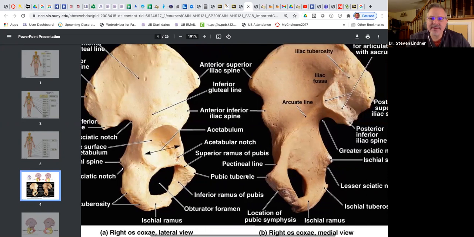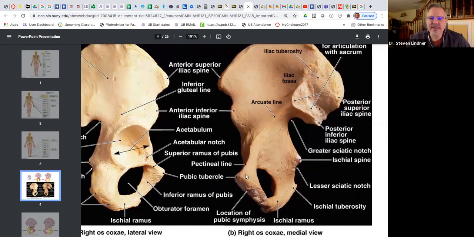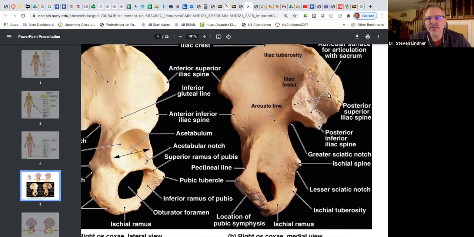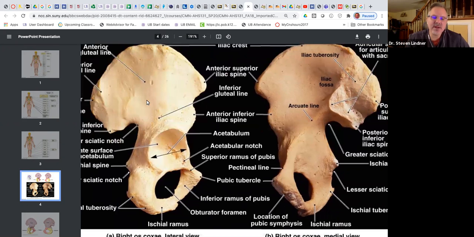Now, on the anterior portion, same structures, but you can tell the difference between looking at the pelvis from the lateral perspective, right? This is lateral because that's where the hip joint is. That's the acetabulum.